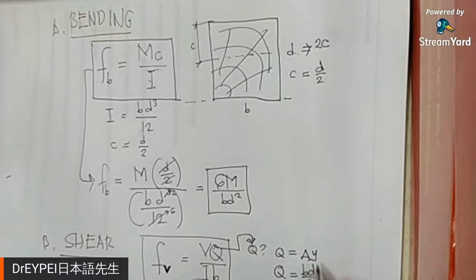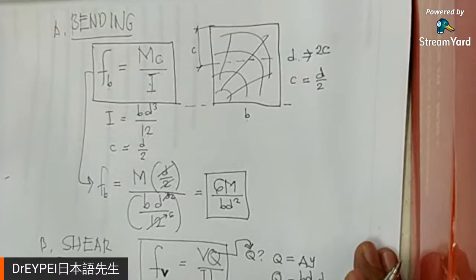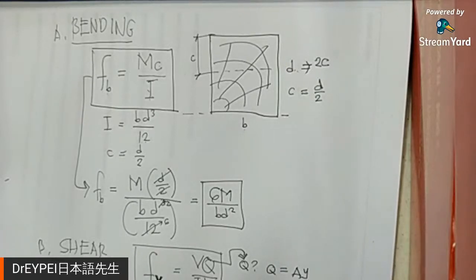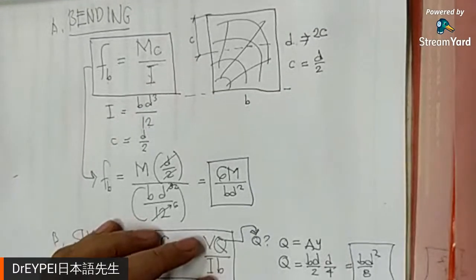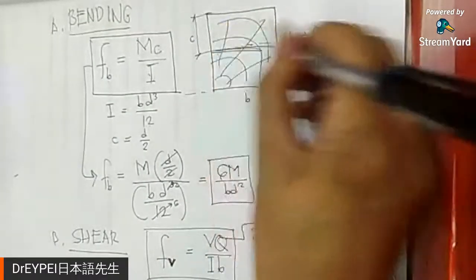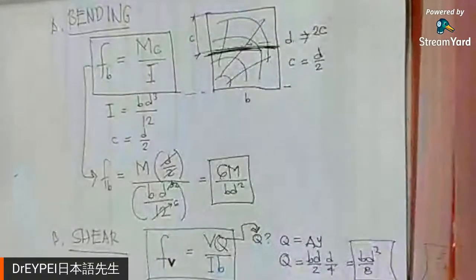Y is D over 4, and therefore the amount of Q here is BD squared over 8. So another formula. Okay, so Q is equal to BD over 2, that is the area, and Y, the moment arm, is D over 4. Okay, because we are here at the center.